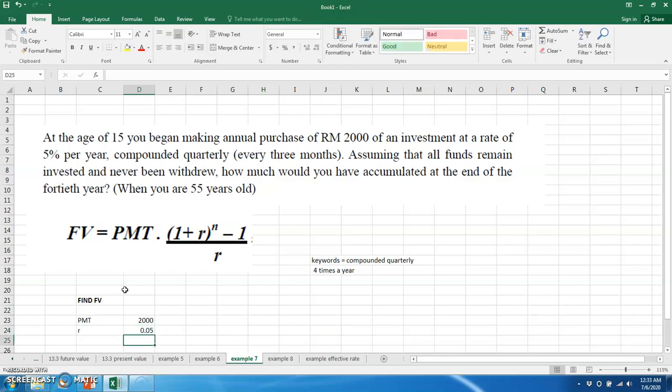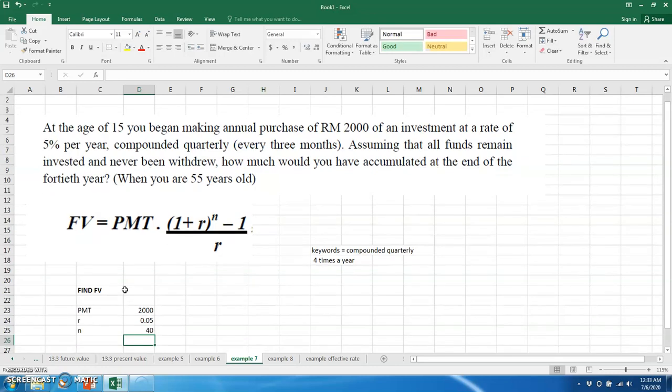And N equals 40 years, right? Yes, 40 years. Now, please digest this information first. But there is new information here: compound quarterly, meaning 4 times a year.